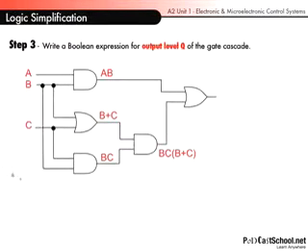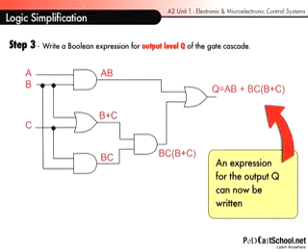So that just leaves us with the output where we had Q before. Q equals AB, that's up here, or, and then this lower term, BC, ANDed with (B + C). And that's the expression for Q. So that's the full expression for Q at the output in terms of A, B, and C.